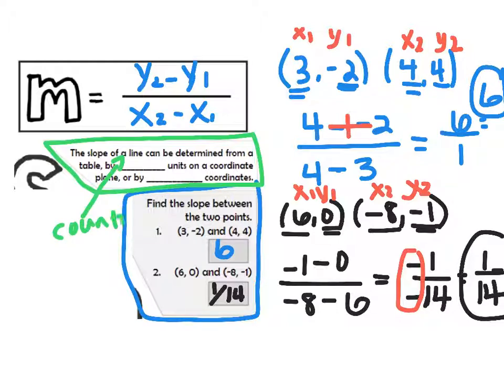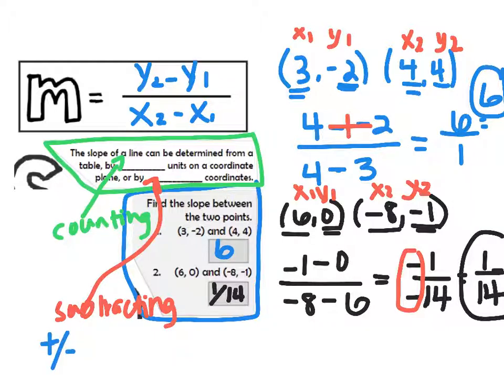I can't write small enough to fit in that blank. And this other blank is subtracting. When you use a table, you're looking for an adding or subtracting pattern for linear. If it's exponential, then remember you do a multiply or divide pattern.